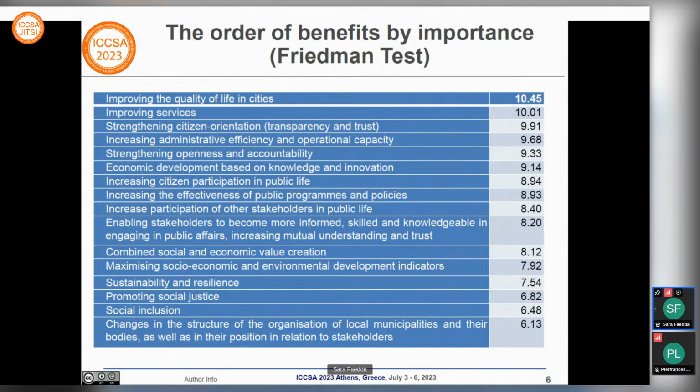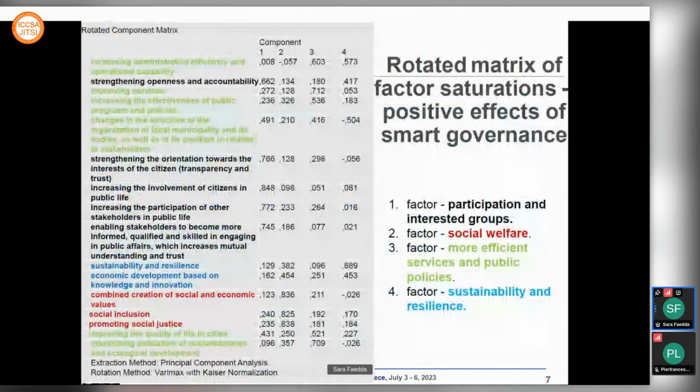As a next step, to use this data and identify the main areas on which the impacts are focused, or where the impact can be expected, we used factor analysis. By this analysis, we identified four main factors which are positively influenced by the smart governance approach. The first, and maybe the most important, is participation and engagement of stakeholders.